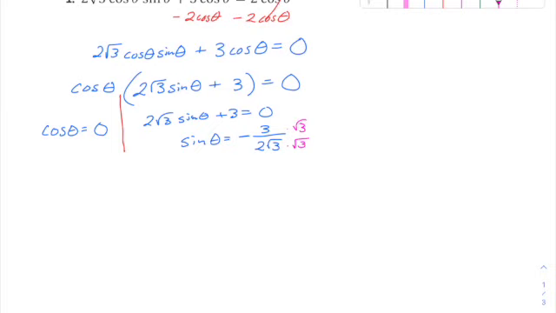So we're going to multiply by root 3 over root 3 and see that that becomes negative 3 root 3 over 2 root 3 times root 3 is 6, and that reduces to negative root 3 over 2. And that is definitely something that is familiar looking.